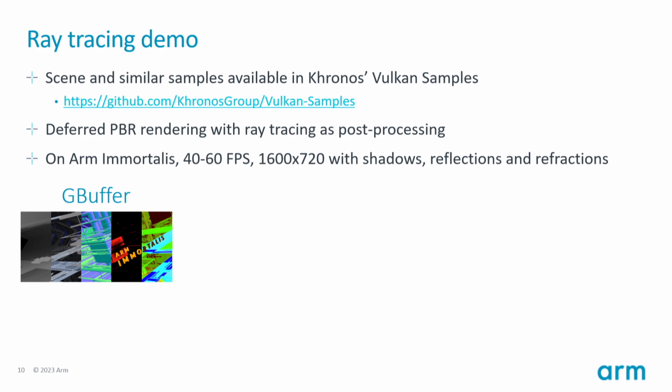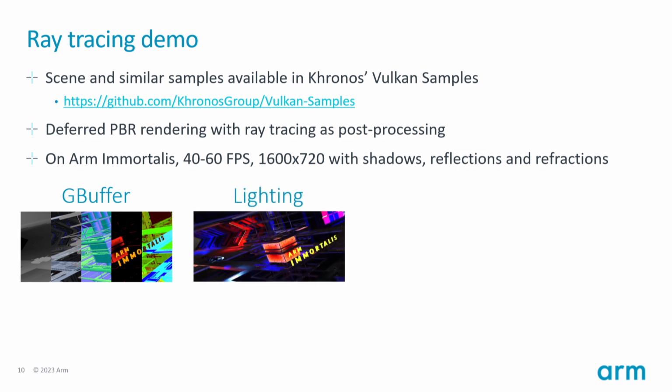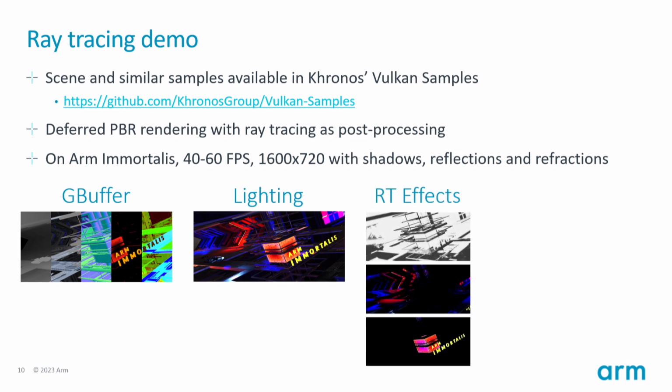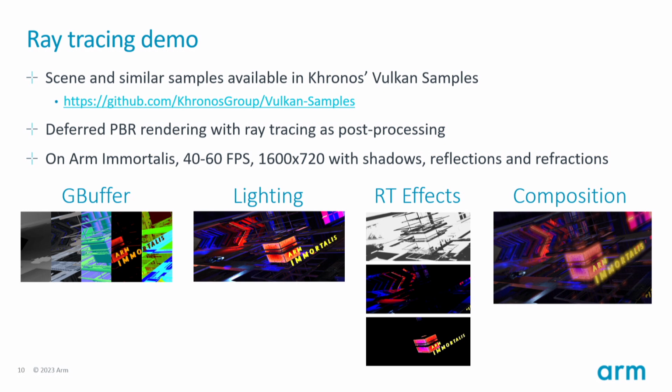After saving color, normals, and other attributes of the scene into a G-buffer, we compute the lighting of each pixel, and then use ray tracing to render shadow, reflection, and refraction as post-processing effects, then combine them all into the final image.